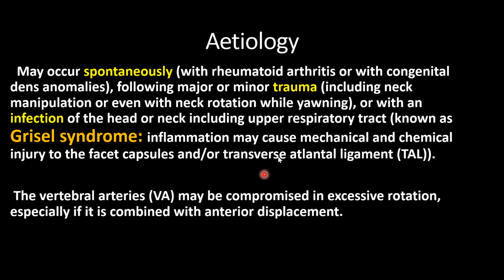The etiology, as any etiology, can be divided into congenital, traumatic, inflammatory, neoplastic, and miscellaneous. The most important here is the infectious part of the inflammatory division, which is called Grisel syndrome, where inflammation may cause mechanical and chemical injury to the facet capsules and/or the transverse ligament.